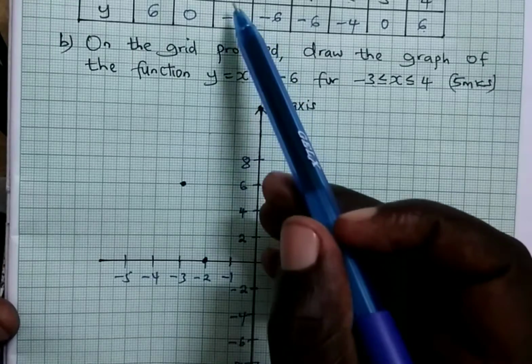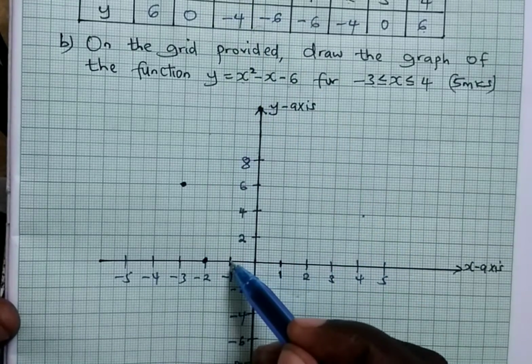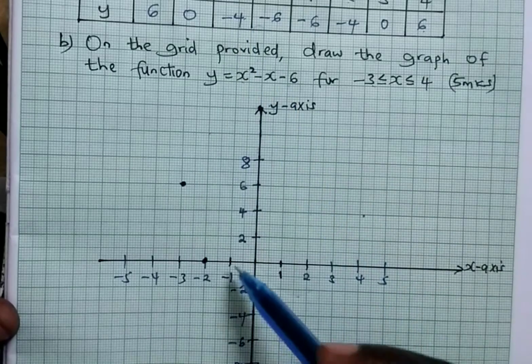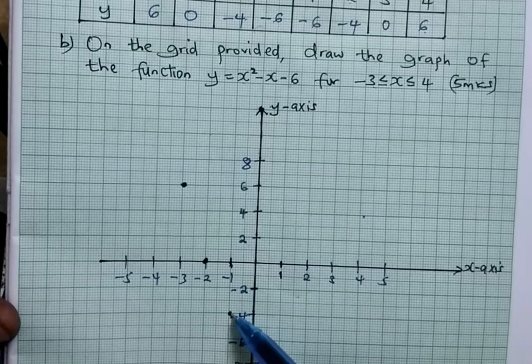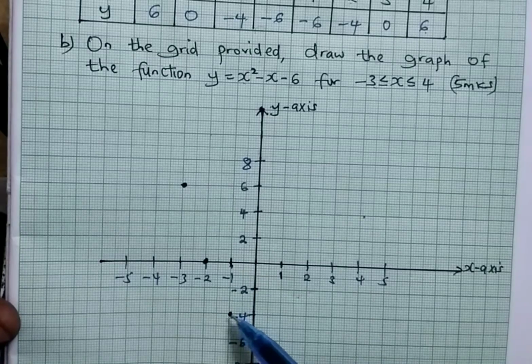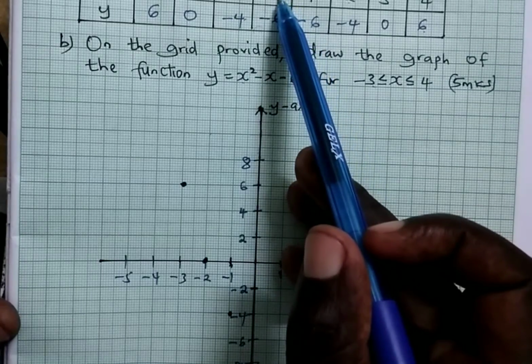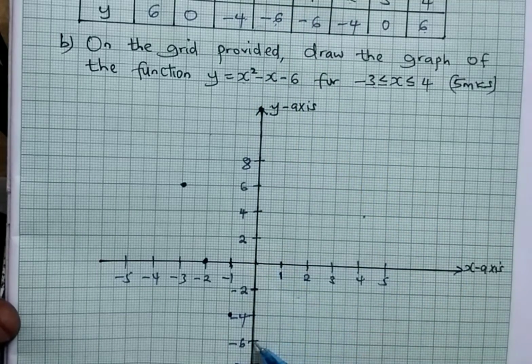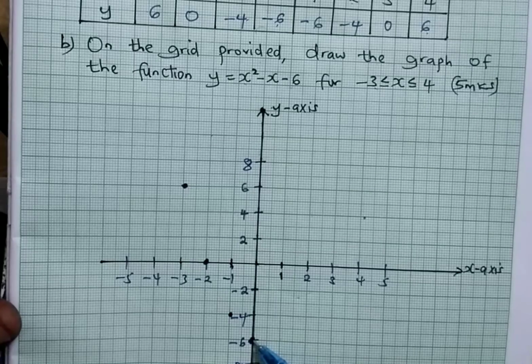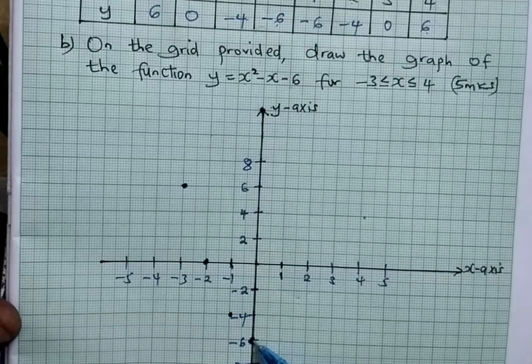And when the value of x is -1, y is -4, so we go to -1, then we move down to where we have y being -4. Then when the value of x is 0, y is -6, so we move down to where y is -6, and we mark off that point.